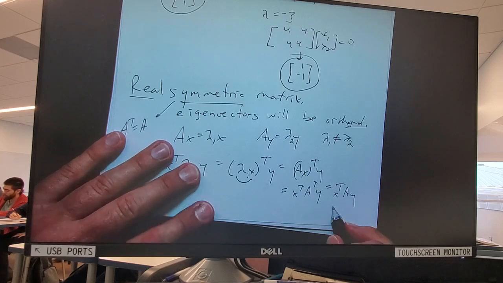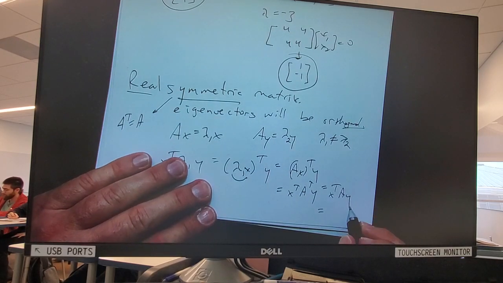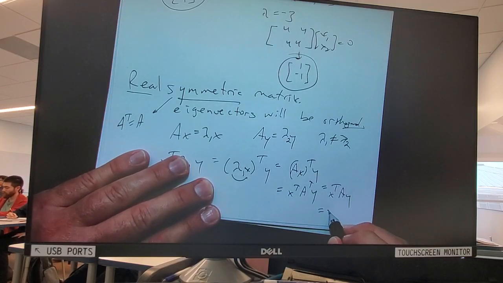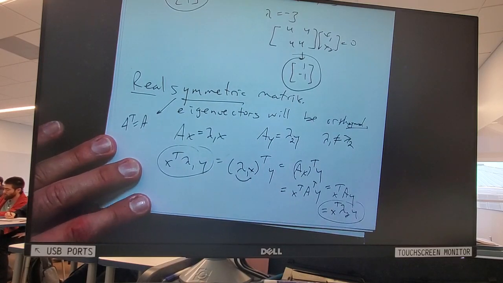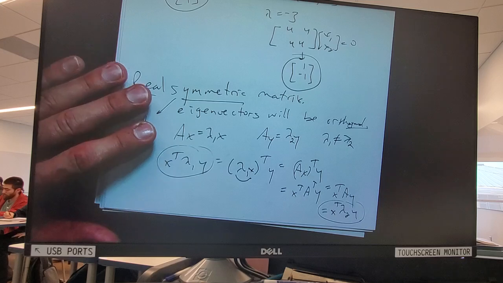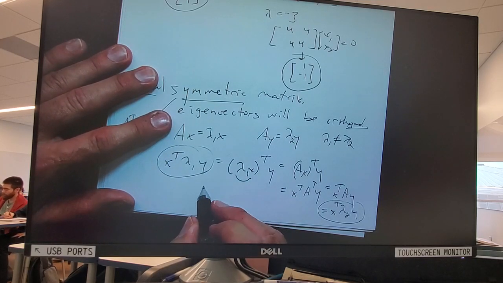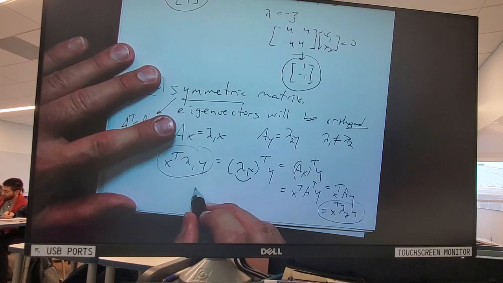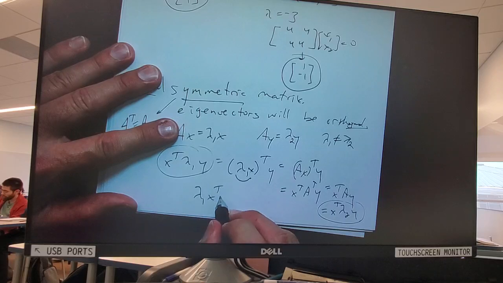And what's AY? Lambda 2 Y. So X transpose lambda 1 Y equals X transpose lambda 2 Y. So therefore, let me write this down and think about it for a second.